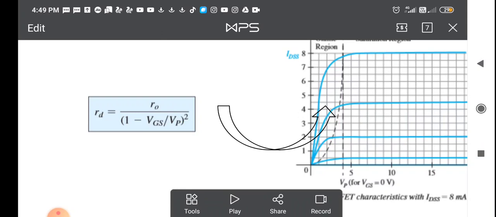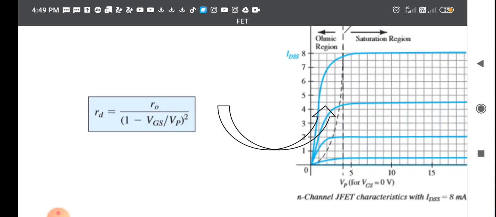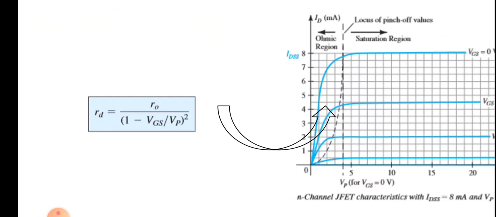That is the minimum resistance, because the current is more. So I would like to correct the earlier statement: the resistance is not more, it is the least resistance when the current is more, because the width of the channel is wider when there is no gate to source voltage.